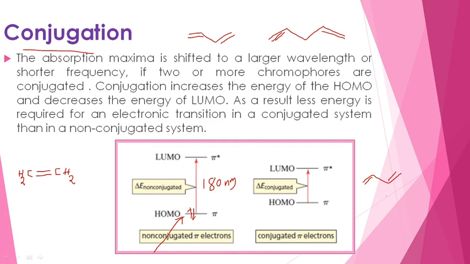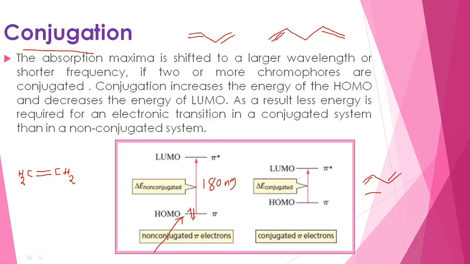Now this 1,3-butadiene is in conjugation. You have 2 ethylenic double bonds, so you have totally 4 molecular orbitals: pi 1, pi 2, pi 3 star and pi 4 star. Here pi 2 is the HOMO, the highest occupied molecular orbital, and the LUMO is pi 3 star.